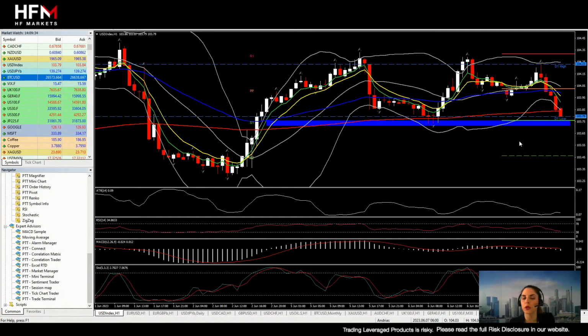Whether we will continue in a ranging market between 103.70 and 104.40 is something that we're going to confirm if and only if we see the asset either confirming a floor over here, or managing to break that immediate support level, which is the week's support as well. Nonetheless, you see the momentum is neutral.